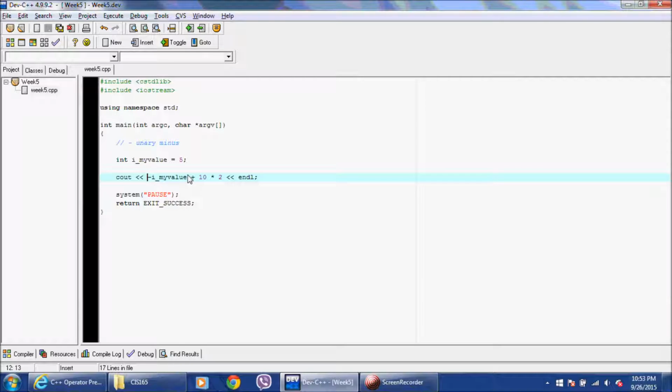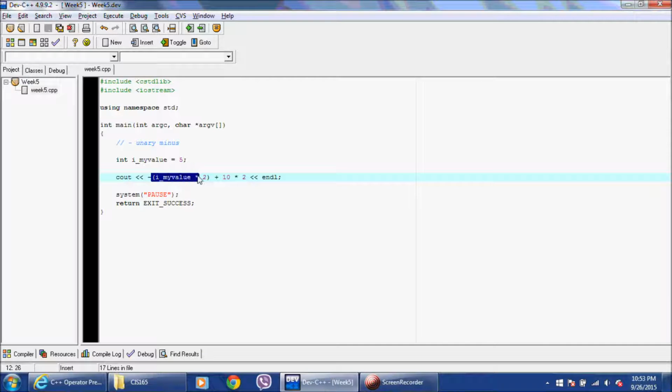For example, another example I can give you is your unary operand could be something like this. Okay. So what do you think is going to happen here? Well, what goes first?